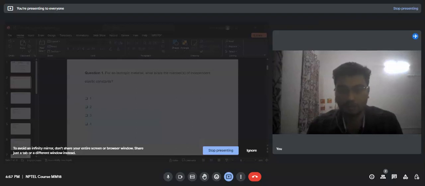Okay, so here we'll write down the values given: 1 0 0, 0 1 0, and this is 0 0 1. And for the direction of the tension, we have to calculate the Young modulus for this applied direction 1 2 2.